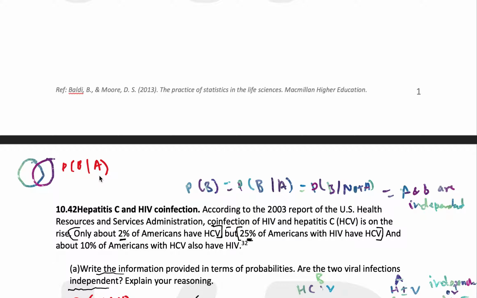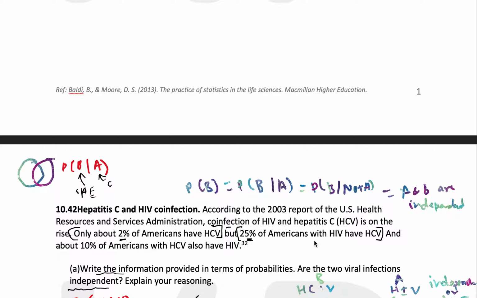In that case, I like to say that A is kind of the condition and B is kind of the specific event, right? So you can think of this, and I think that would help you derive some of these probabilities from the question stem. So let's give it a shot here. It says 25% of Americans with HIV.